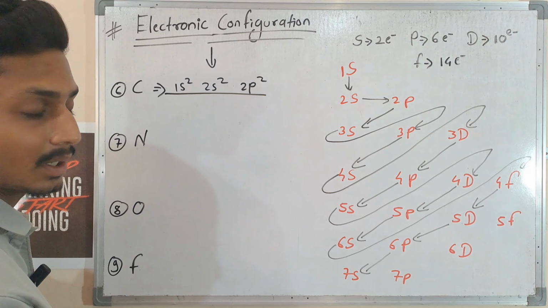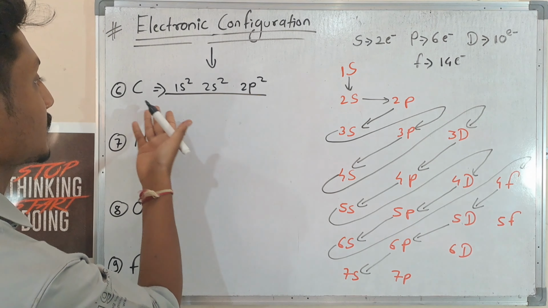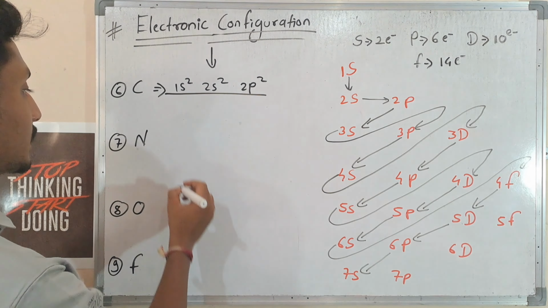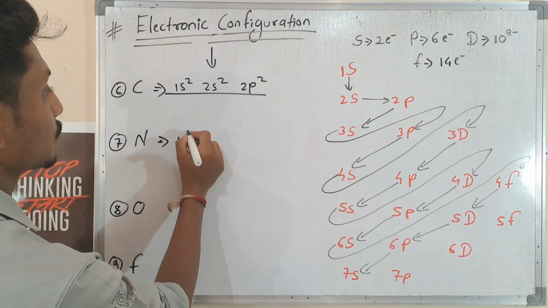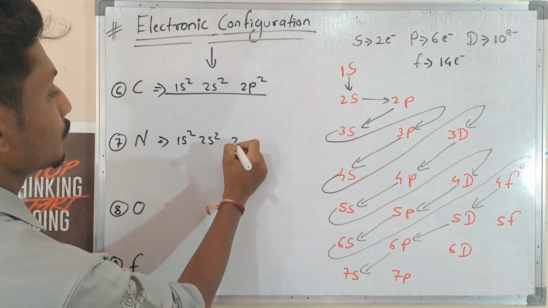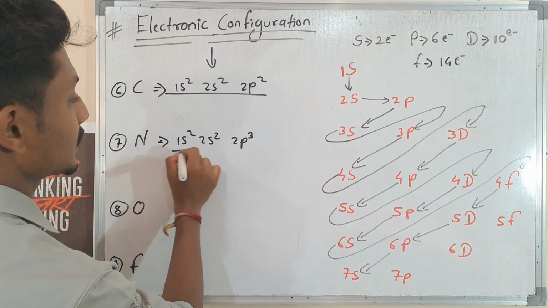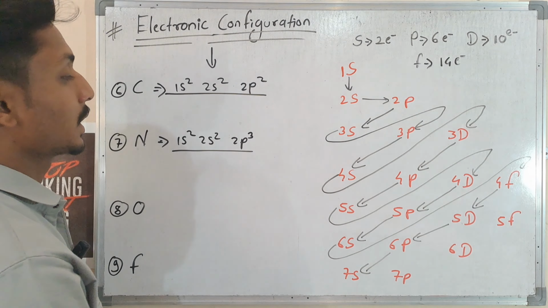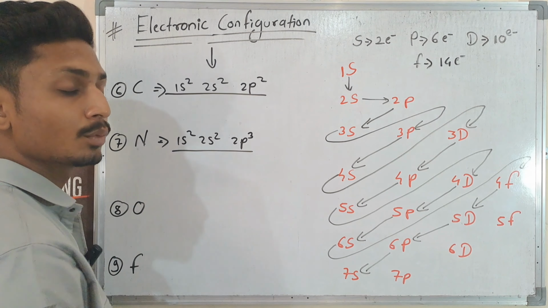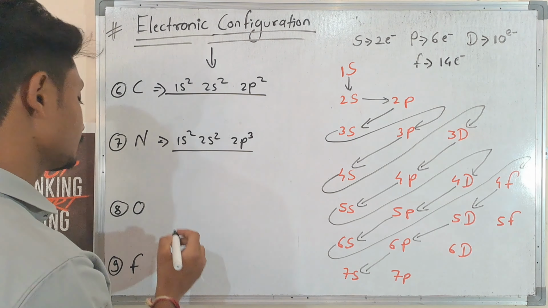This is the electronic configuration for carbon. Nitrogen has atomic number 7: 1s2, 2s2, 2p3. Here 1s2 and 2s2 are full and 2p3 is half filled.